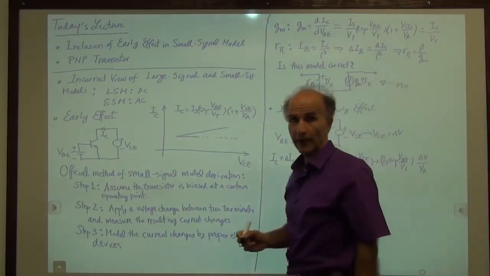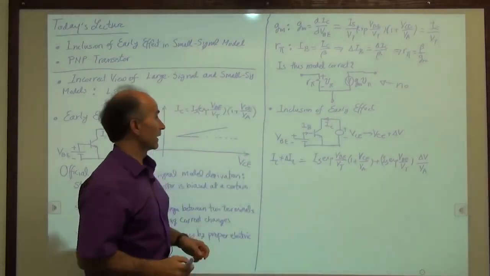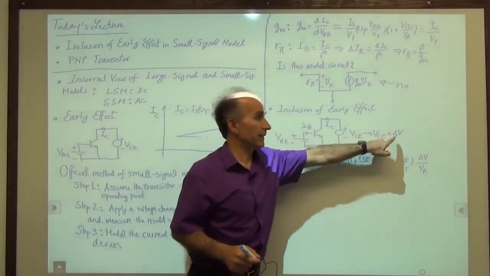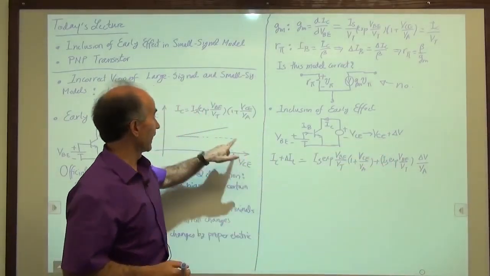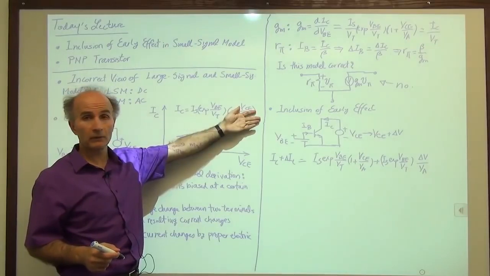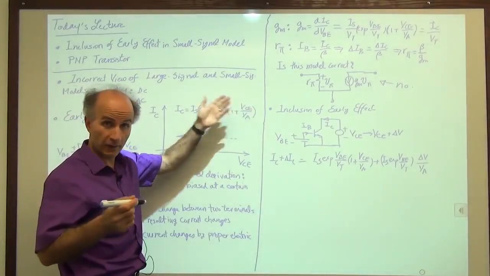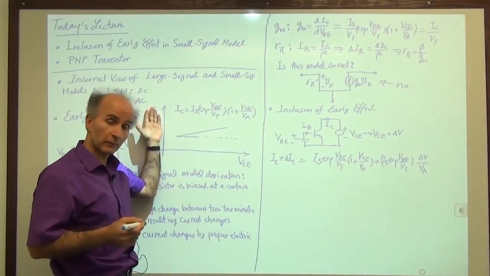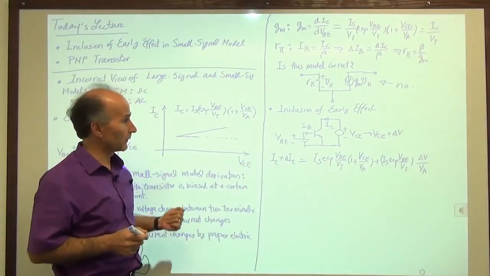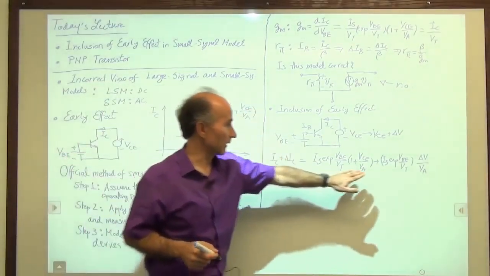I hope it's easy to follow that. What I did is, in here, I replaced VCE with VCE plus delta V. And I assumed that there is a change in the collector emitter voltage, therefore there is a change in the collector current. Maybe, maybe not. If not, then eventually it should be 0, right? So, and then I just expanded this and I got this.